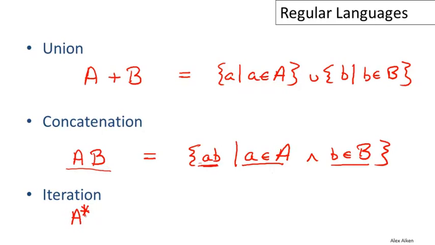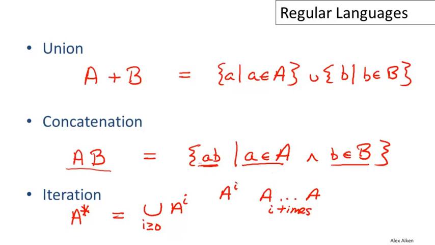And finally, there's a kind of looping construct. This is pronounced A star, or it's called the Kleene iteration, or the Kleene closure. And A star is equal to the union for I greater than or equal to 0 of A to the ith power. And what does that mean? Well, A to the ith power is just A concatenated with itself I times.